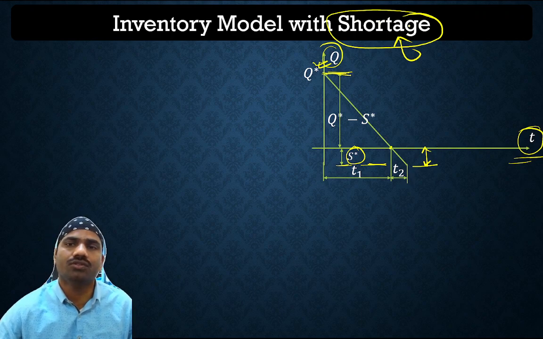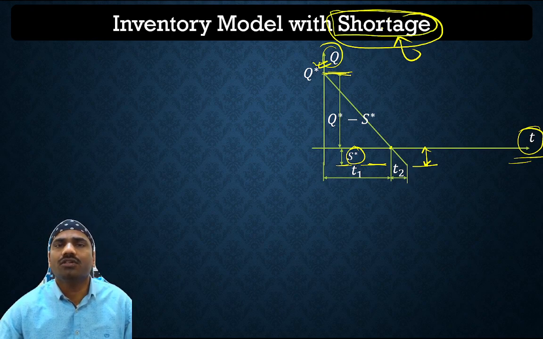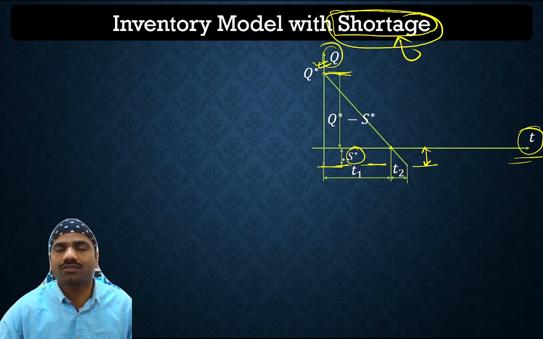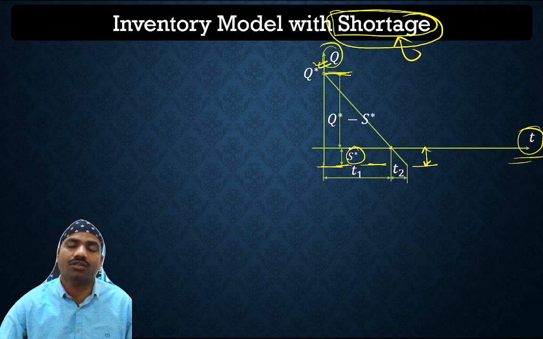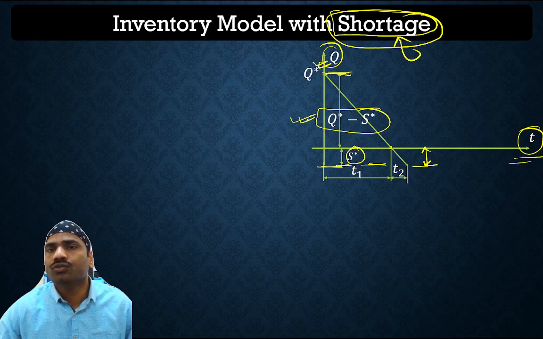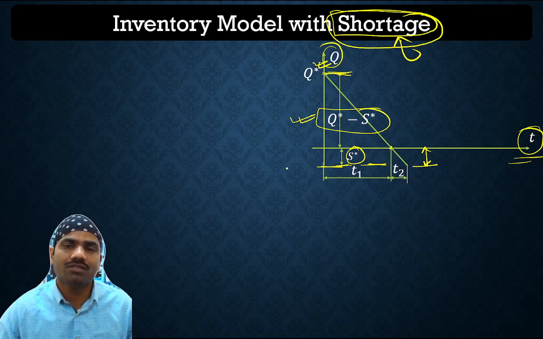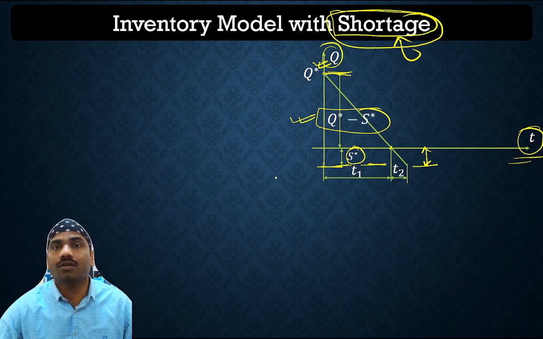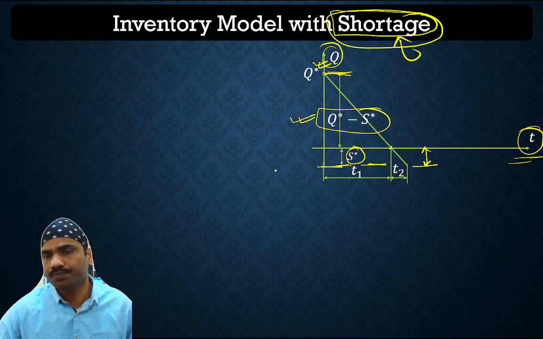Those costs will come under the category of shortage, because you have demand but you are not able to sell the product. So that shortage will give you a loss, a penalty. We will target that this cost should be minimized, in whatever way possible, so that we have minimum shortage and minimum shortage cost.